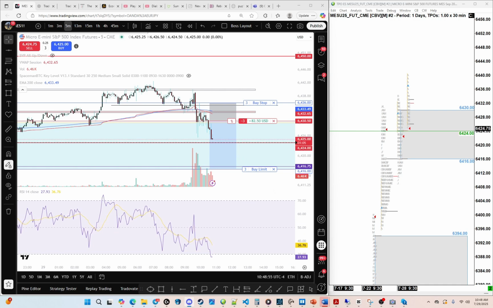Looking good so far. I like that strong 15-minute close we just had. Let's break through 6424. Yes. Okay, we at 6424 now. We should get a breakthrough here. Sellers aggressively hitting the bid. Like, I mean, aggressively right now.